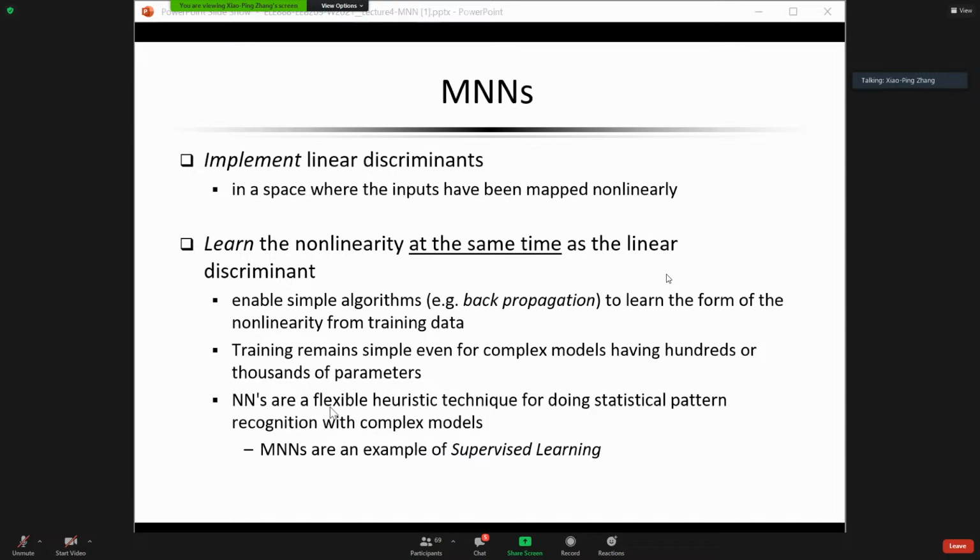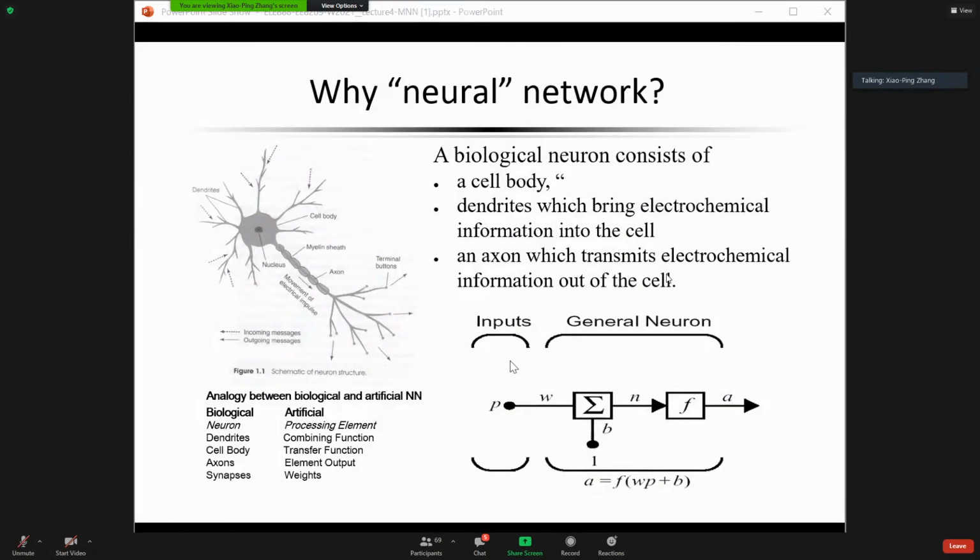So the neural network is a flexible heuristic technique, and we can actually prove that its learning result is consistent with statistical pattern recognition, basically with certain statistical classifiers. And the multi-layer neural network is an example of supervised learning, because we need to know what we are trying to classify. We need a criterion function, similar to the LDF type of thing. We need to know the label.